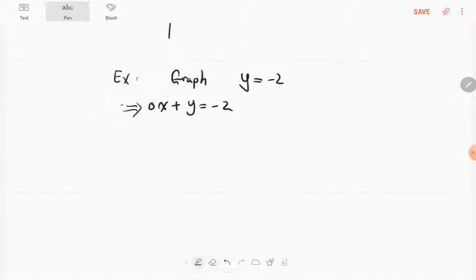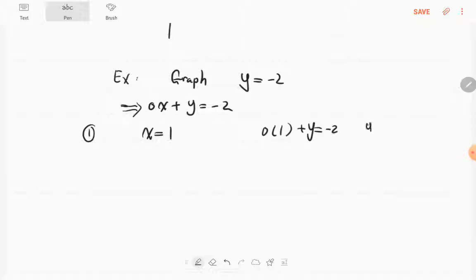If we have this standard form, we can easily find the paired solutions. Let's say first we set x equal to 1, then we plug into the equation 0x, so it will be 0 times 1 plus y equals -2.